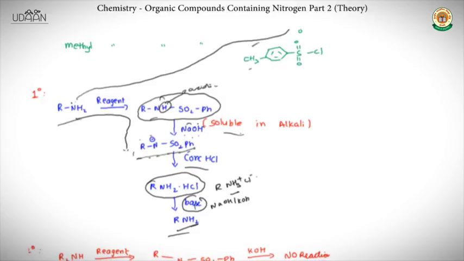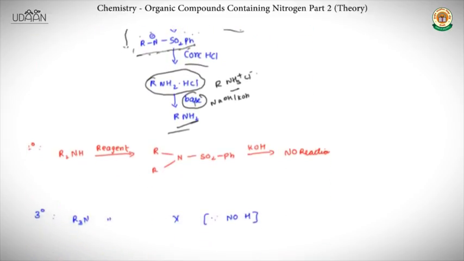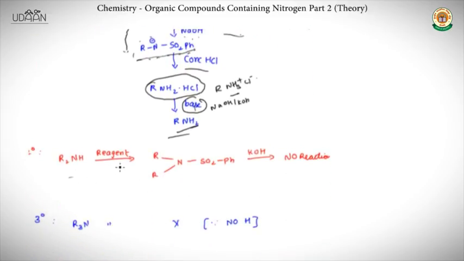Now let us see what reaction happens with the secondary amine. With the secondary amine, you get R2N-SO2Ph. Now if you add any base, say KOH, no reaction occurs because there is no acidic hydrogen here.